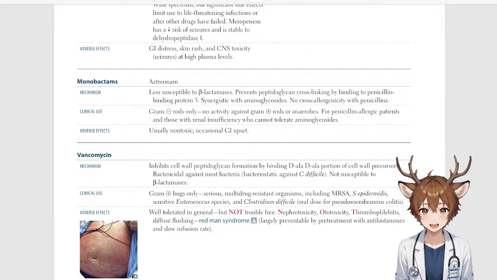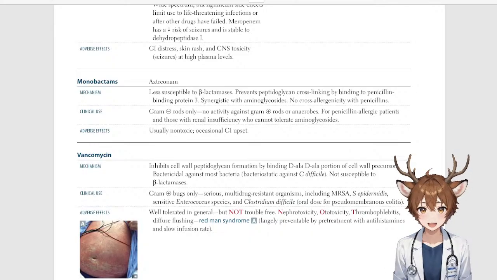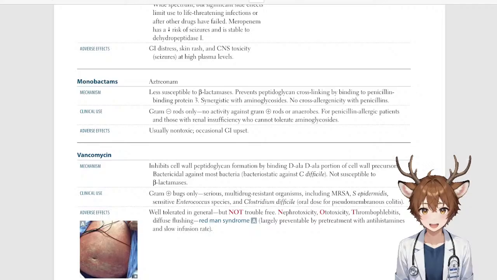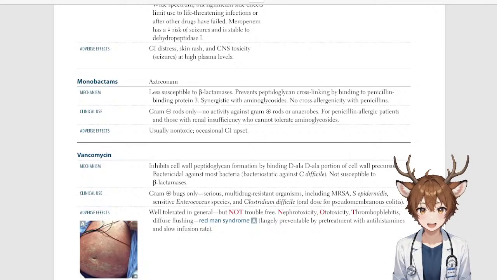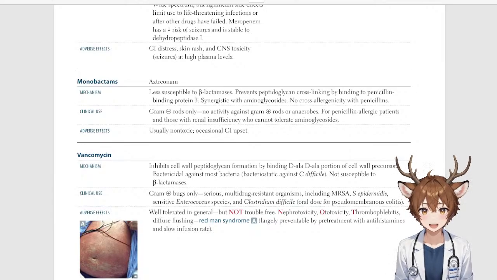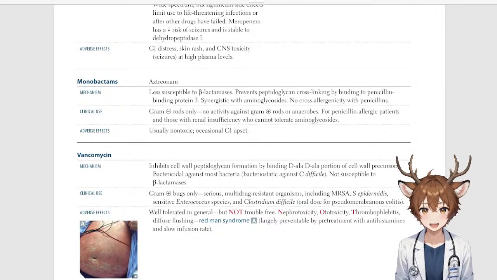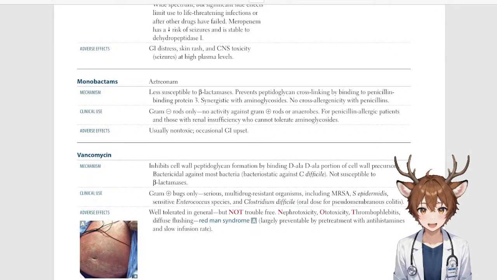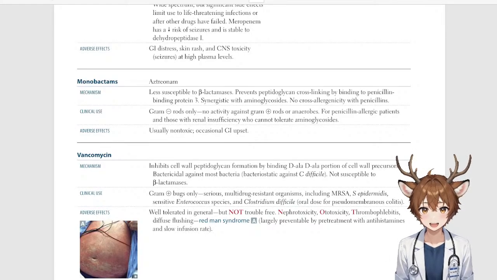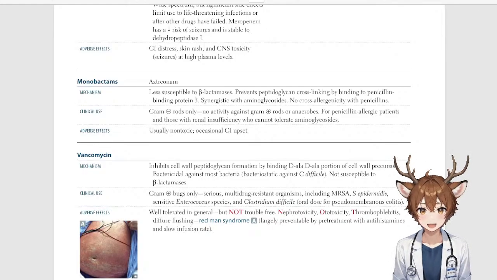Mechanism: less susceptible to beta-lactamases, prevents peptidoglycan cross-linking by binding to penicillin-binding protein 3, synergistic with aminoglycosides, no cross-allergenicity with penicillins. Clinical use: gram-negative rods only, no activity against gram-positives or anaerobes, for penicillin-allergic patients and those with renal insufficiency who cannot tolerate aminoglycosides. Adverse effects: usually non-toxic, occasional GI upset.